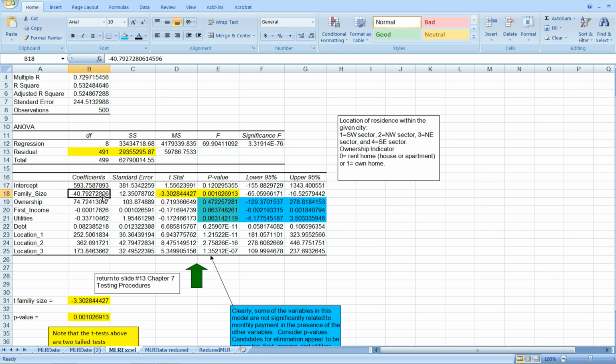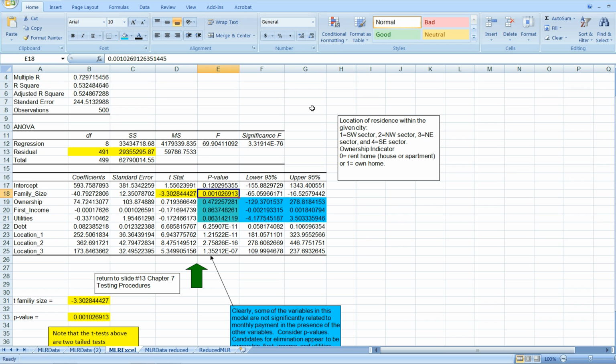So if we take B1 minus 0 and divide it by 12, we get minus 3.3. So that's the test statistic value associated with testing whether or not the regression coefficient associated with family size is equal to 0. And notice, we could do that test, we could find the critical value, but we don't need to, because Excel actually gives us the p-value associated with that test statistic. And that p-value is 0.001.